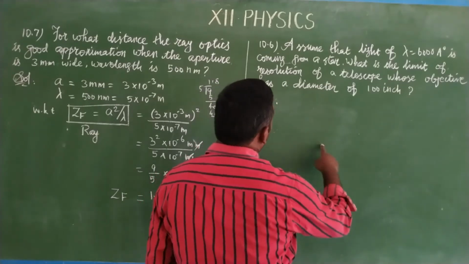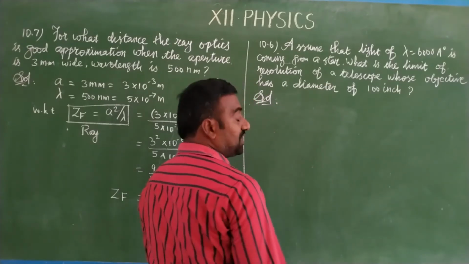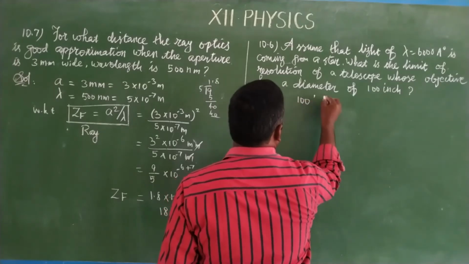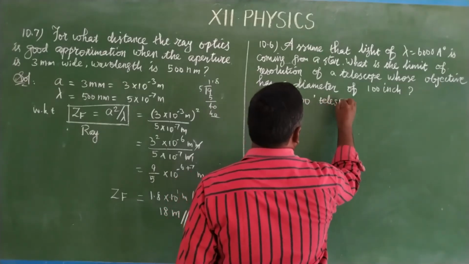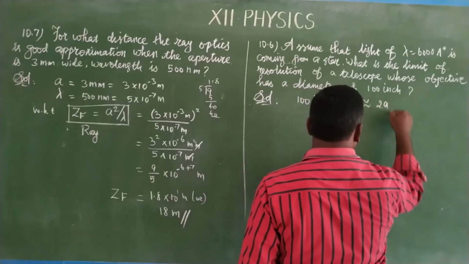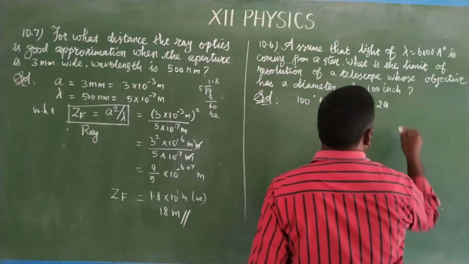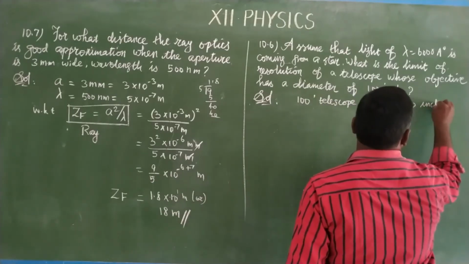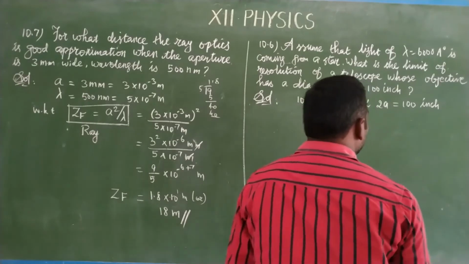What is the diameter of the objective lens? It is 100 inch, a 100 inch telescope, which is equal to the effective aperture diameter. So 2a equals 100 inch.